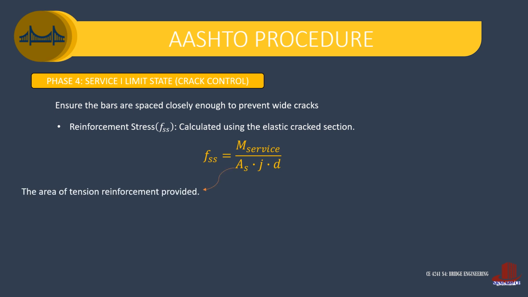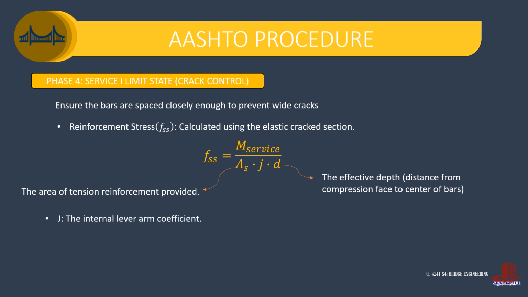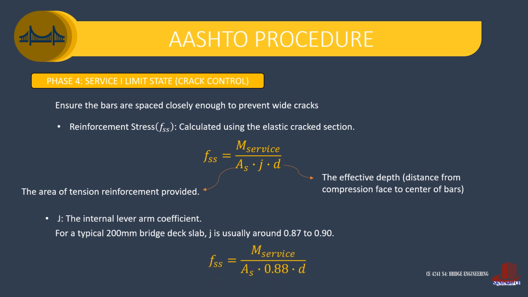As is the area of the tension reinforcement which was solved in the previous phase. d is the effective depth solved from the first phase. j is the internal lever arm, which ranges from 0.87 to 0.9 for a typical 200 mm bridge deck. So incorporating the range, we can use the equation of the service moment upon As times 0.88 times d. 0.88 is the most common constant used for j.